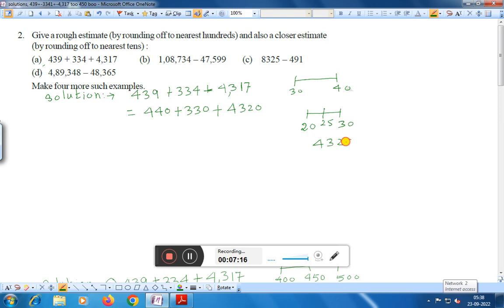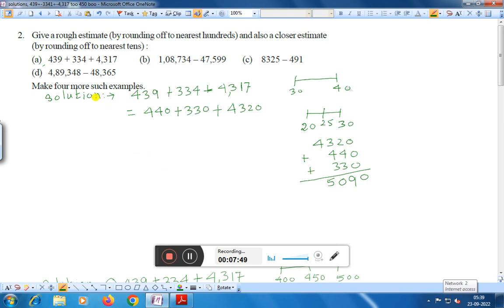4,320 plus 440 plus 330 plus 330. And if we add the numbers, we are getting 0, 4 plus 3 is 7, plus 2 is 9, 3 plus 4 is 7, plus 3 is 10, carry 1, 0, 4 plus 1 is 5, 5,090.